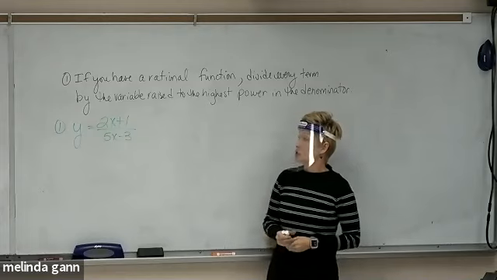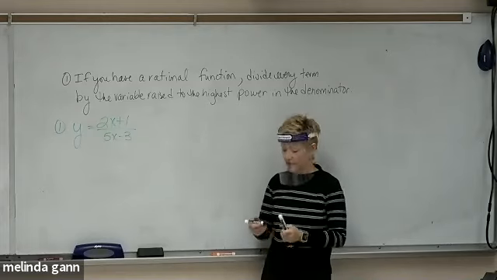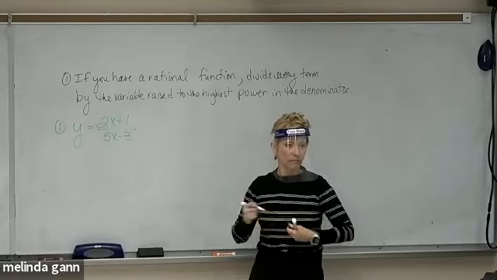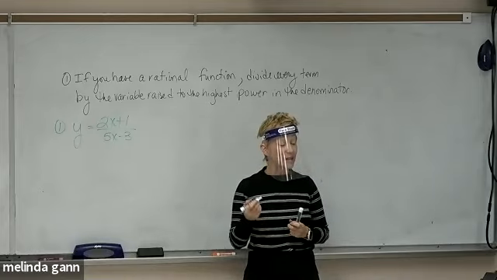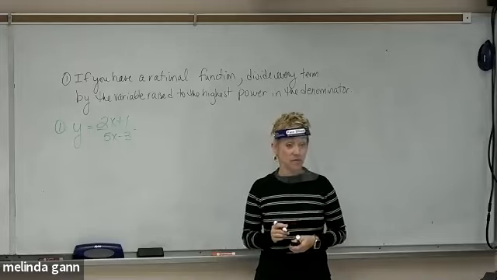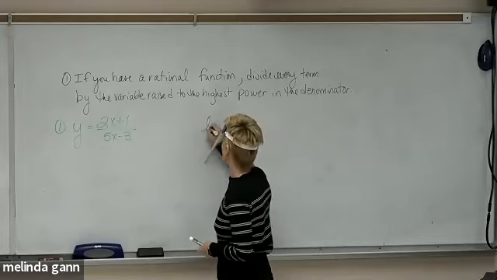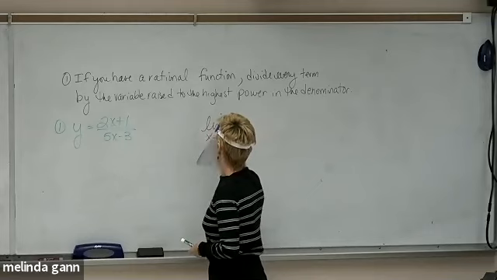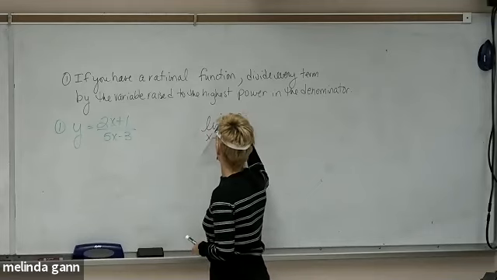We've got y equals 2x plus 1 over 5x minus 3. And they ask me, does that graph have any horizontal asymptotes? Well, step 1 said to take the limit as x approaches infinity or negative infinity of that graph.